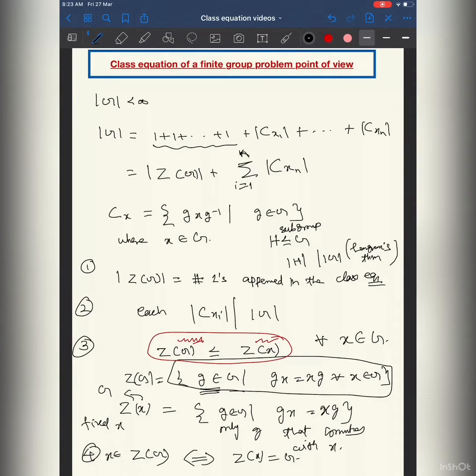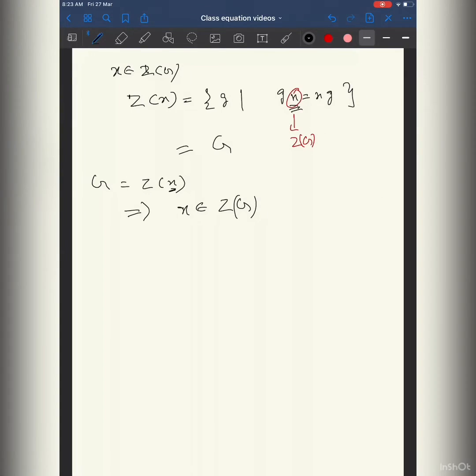So again, recall: the number of ones counts the order of the center, and each conjugacy class order should divide the order of G. Then the center is always inside any centralizer, which is called the centralizer. And finally x belongs to the center of G if and only if the centralizer of x is the whole G. How do we calculate the centralizer?